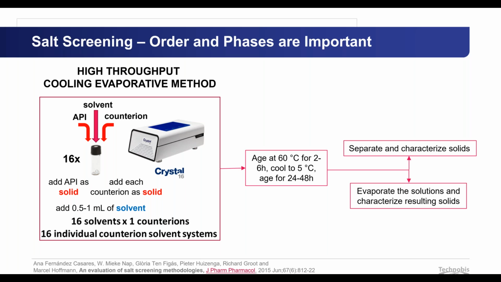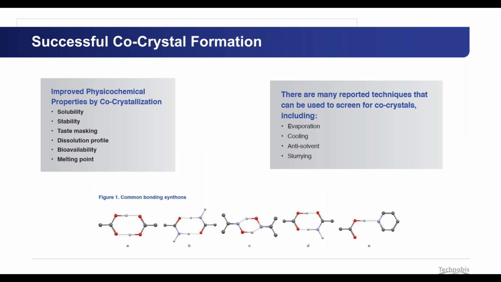If you are working in pharma, if you want to make salts, I don't think you would need to go into 16 counter ions. I think the pharmaceutically acceptable counter ions are less than that, depending on the drug you are working on. So this is just to give you a bit of an idea what you can do with the Crystal16 from a salt screening point of view.